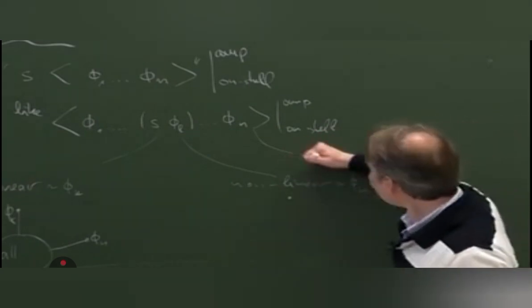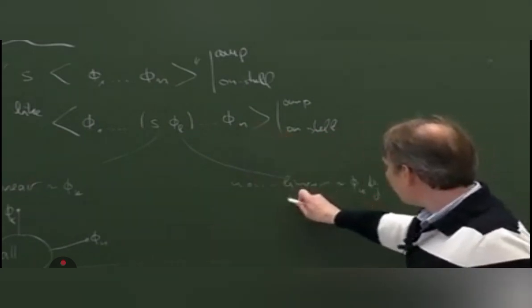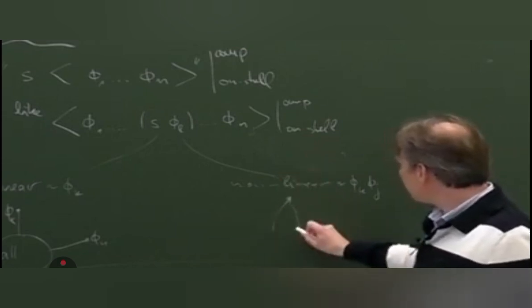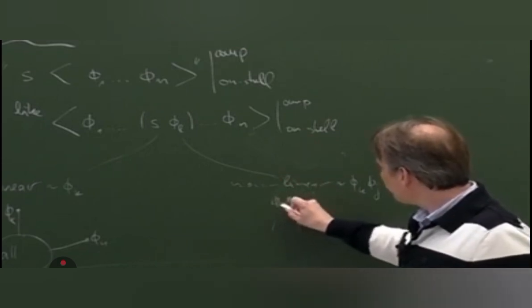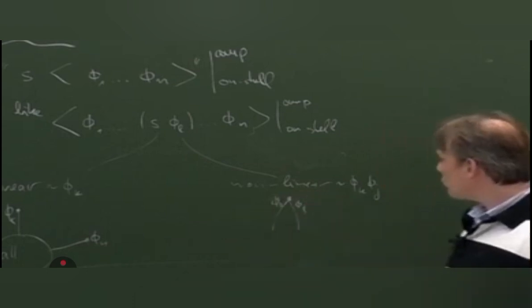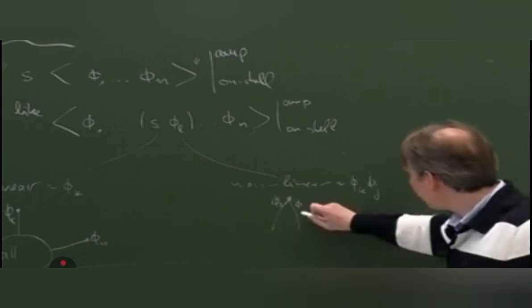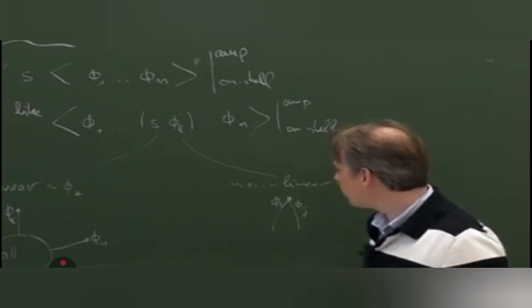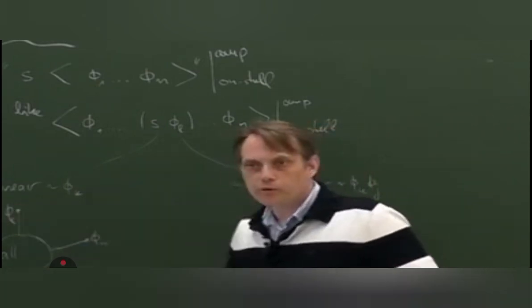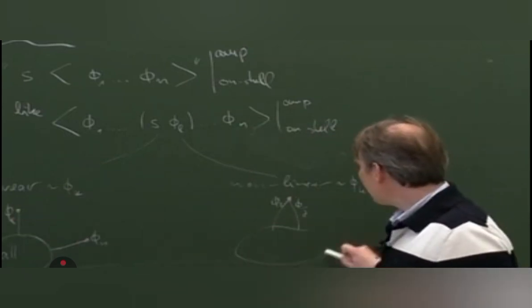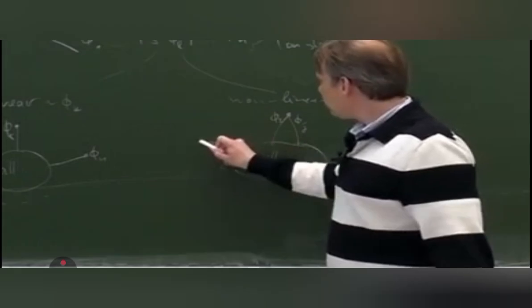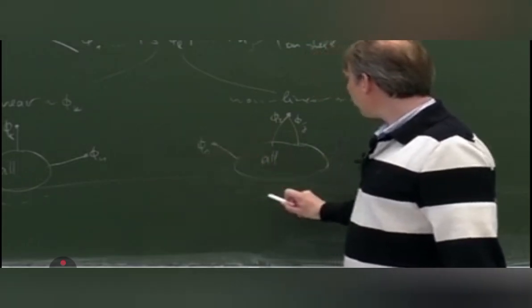So here we will have now at an external point, we have a vertex where two lines end. One line corresponds to phi k, one line corresponds to phi j. That is the external point of the Feynman diagrams, which is the counterpart of that external point over there. And then you have all Feynman diagrams, and otherwise you have ordinary external fields phi 1 up to phi n.